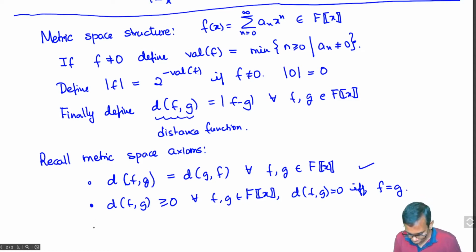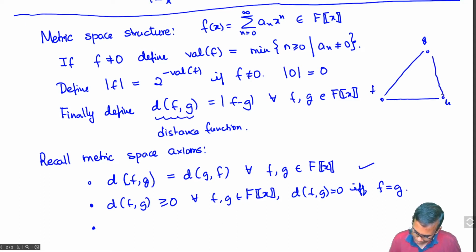The last and most interesting property is the triangle inequality, which says that if you have 3 points in your metric space, f, g and h, then if you go from f to h directly, that distance cannot be more than if you go from f to h via g.